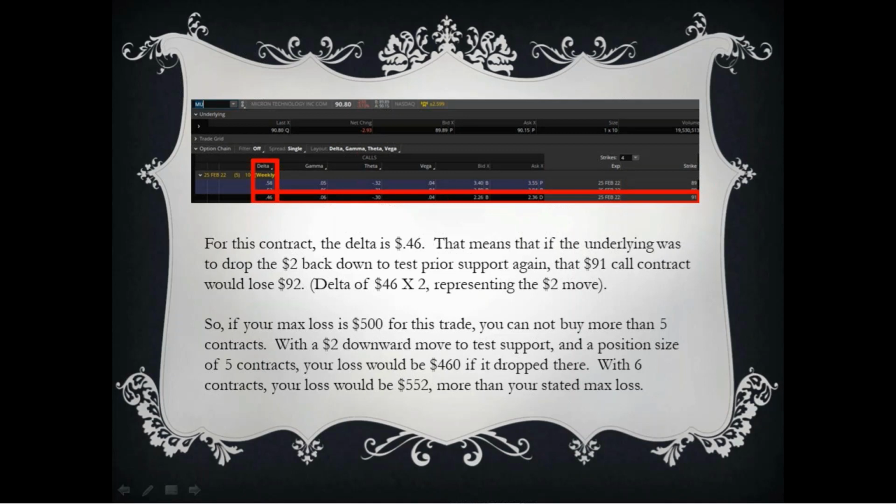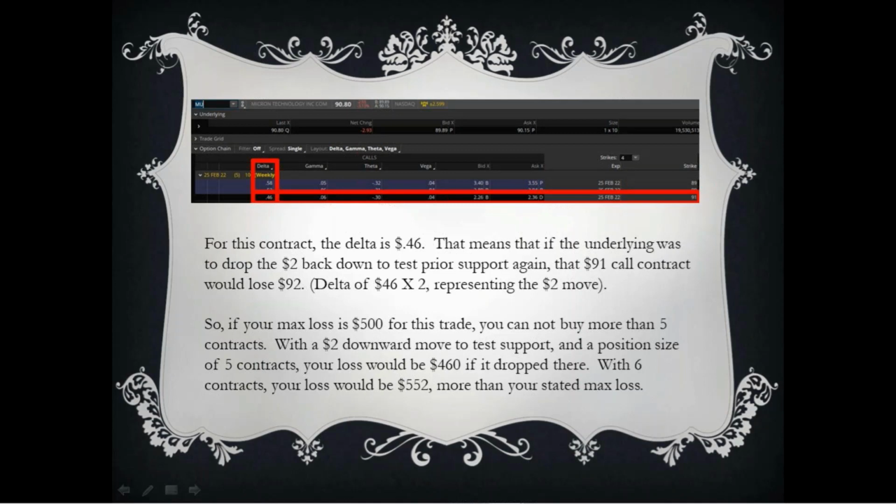Because if you do enter at 91, and if it does drop to $89, with that $2 downward move to test support and a position size of 5 contracts, your loss would be $460. Now your max loss is $500, this loss would be $460, so there's a little bit of wiggle room, but that can also take into account your IV moving or theta or whatever else.